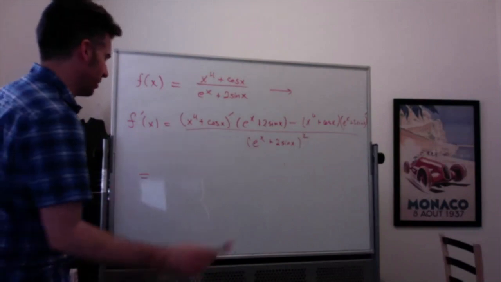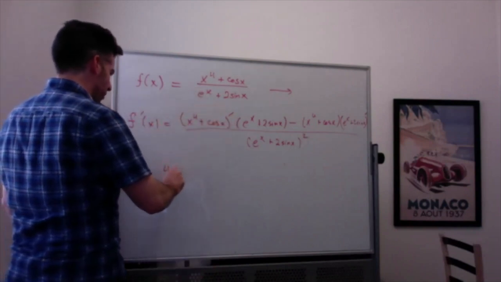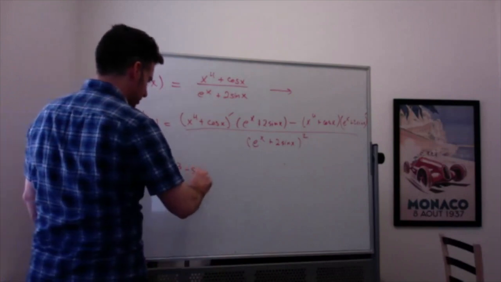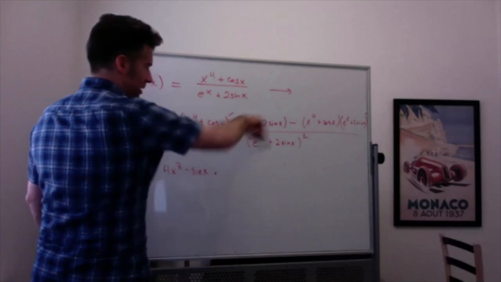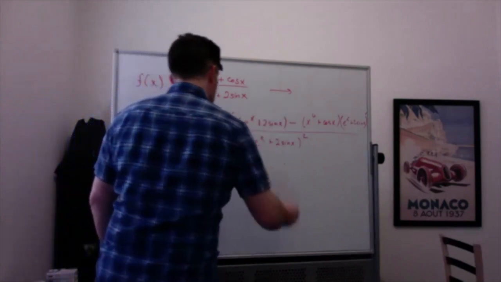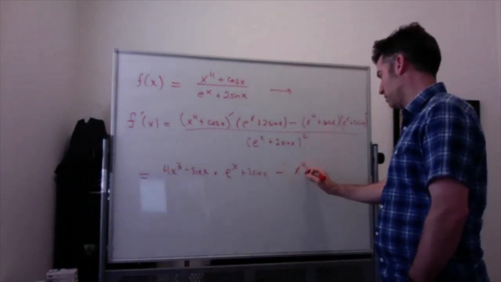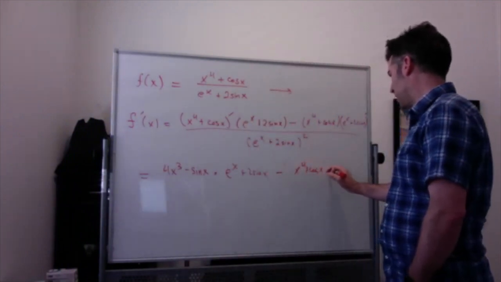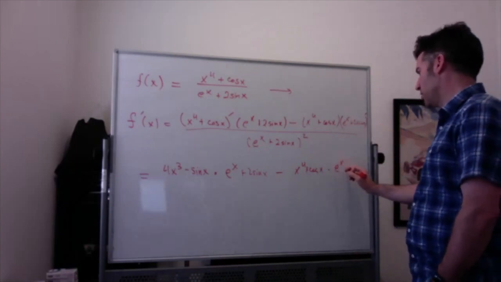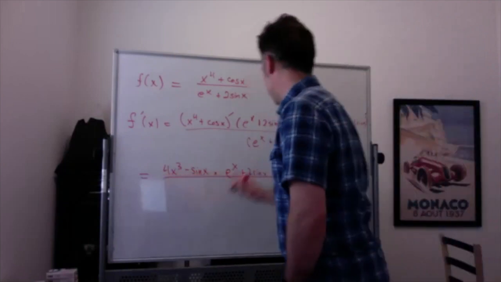So the derivative of x to the fourth plus cosine x is 4x cubed minus sine x, times this, and then minus x to the fourth plus cosine x times the derivative of e to the x plus 2 sine x, which is e to the x plus 2 cosine of x, all over this thing squared.